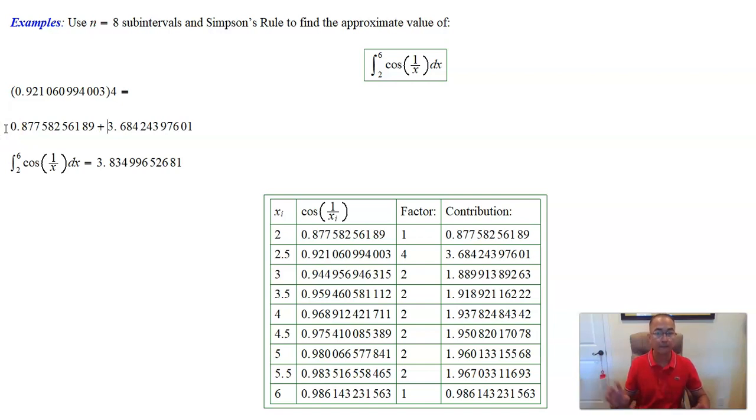This plus that one. Okay, so the next thing that has to change is this 2 will become a 4. So this has to quadruple. Do that over here, and let's have Maple compute that. Here we go again. And we get this much.